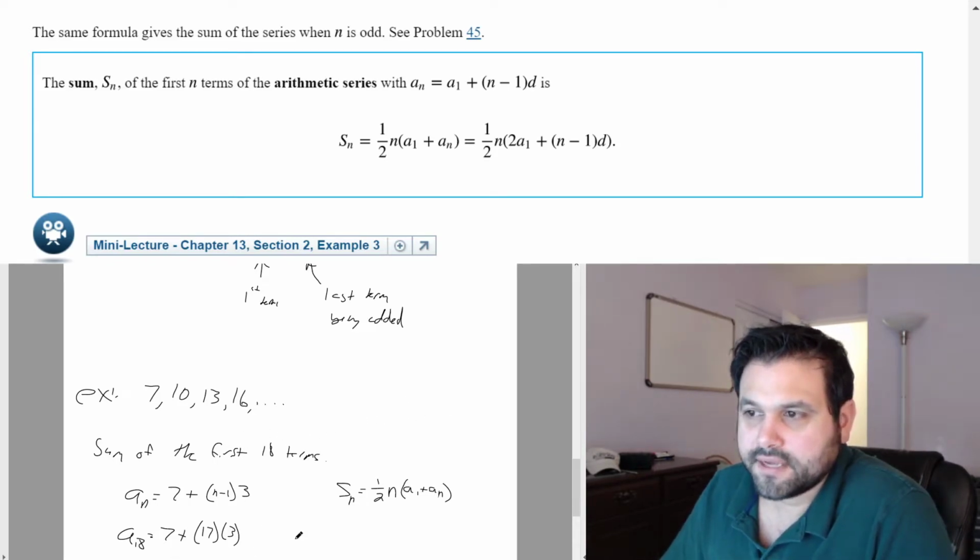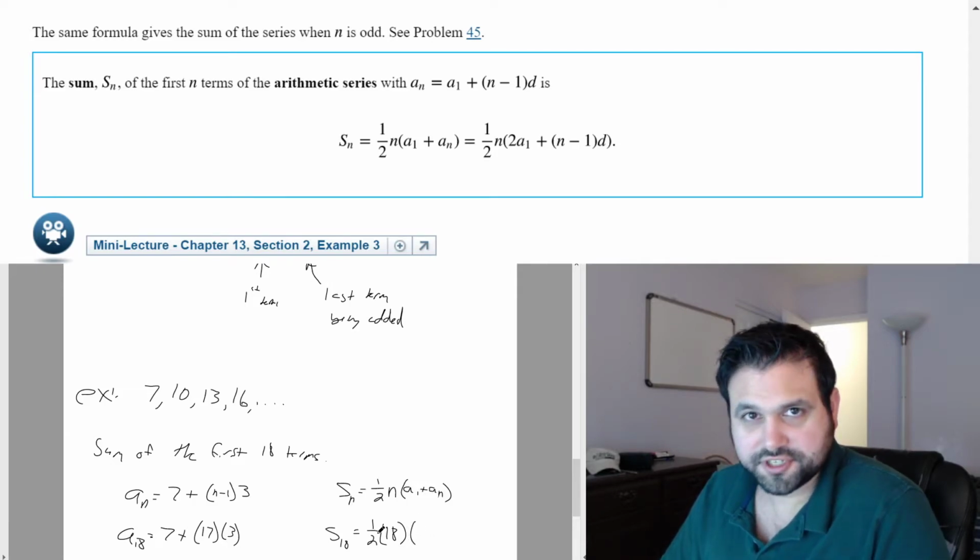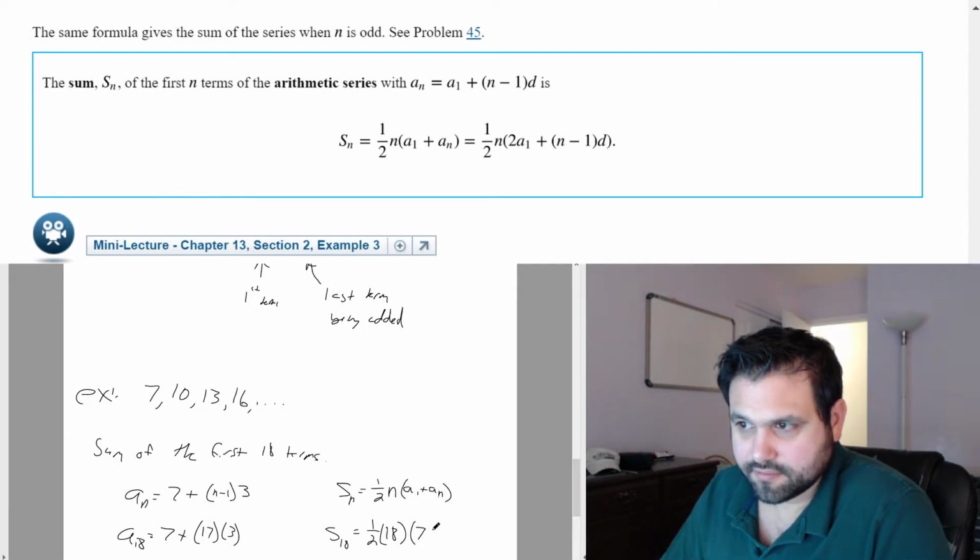Okay, so now I can do the sum. So the sum of the first 18 terms is going to be 1/2 times 18 times, what's the first term? 7 plus, what's the last term? 58.